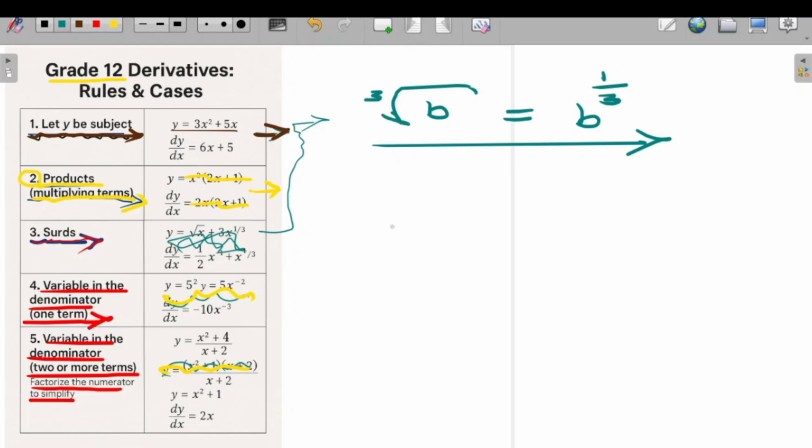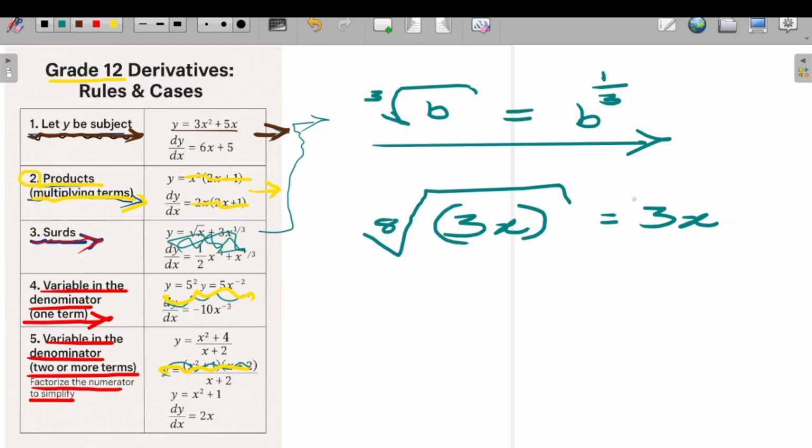Let's try another one. Let us say the 8th root of (3x) to the power of 4. Since this is in the bracket, you have to put it in brackets, because you have 3 times x under the root sign, so you need to raise it to the power of 4.